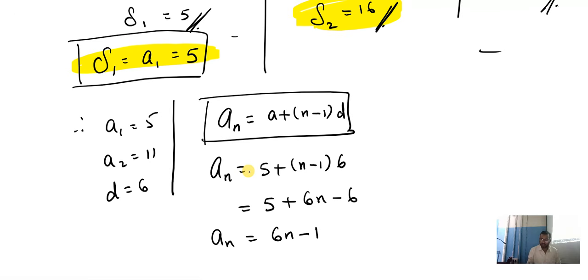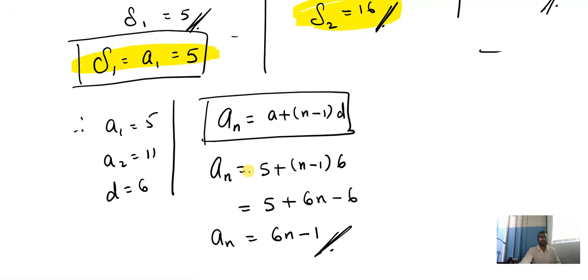So this is my final answer. We stop here. So the nth term is 6n minus 1. Please write the steps clearly. This is the first step, this is the second step, this is the third step. Show the steps properly. We have done it till where they have asked.